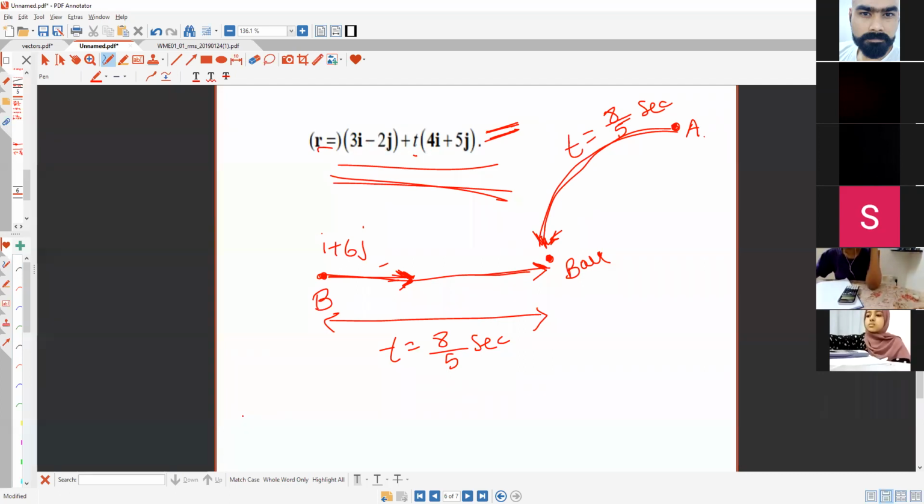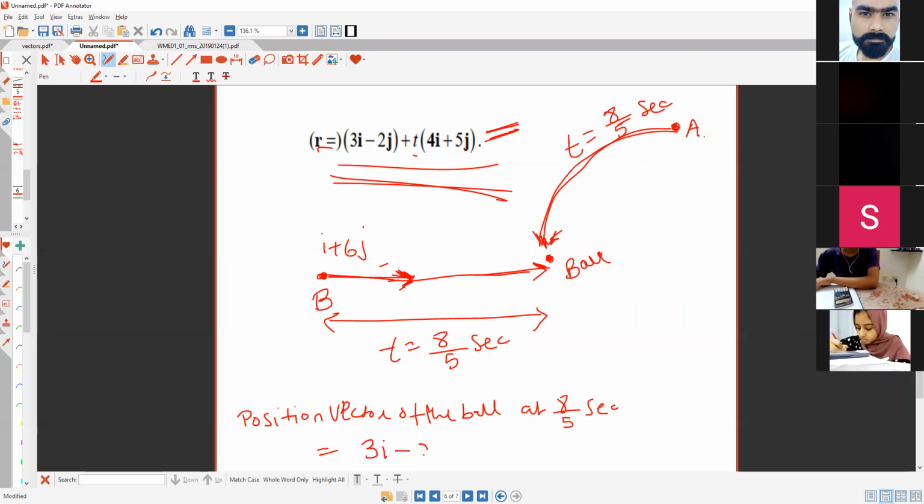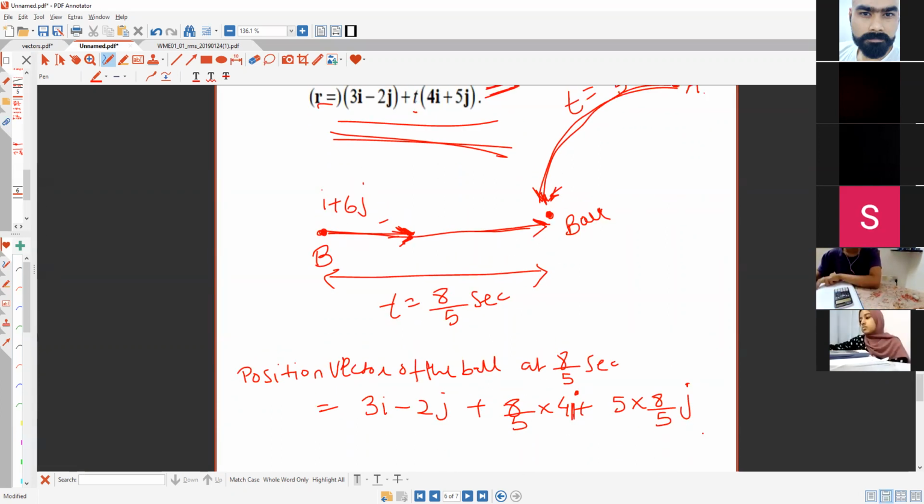I want to know the position vector of the ball at 8/5 seconds. It's going to be 3i minus 2j plus 8/5 into 4 plus 5 into 8/5, i and j. All of you got this? What did I do here?